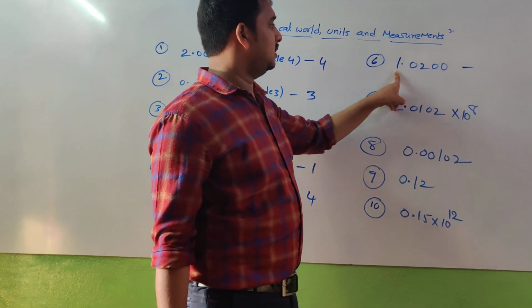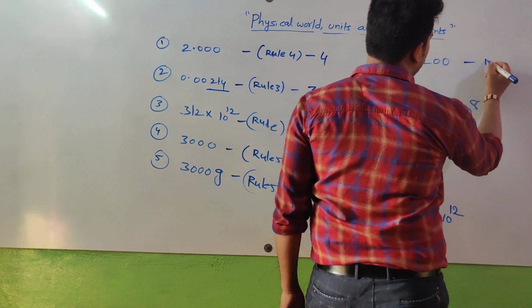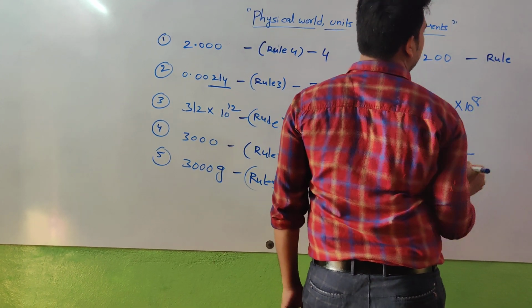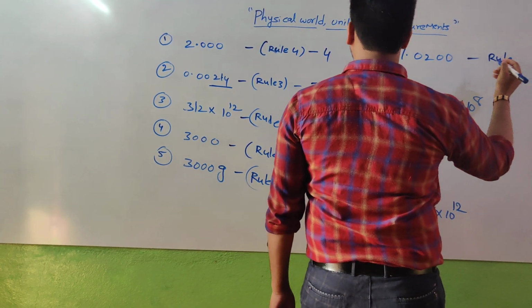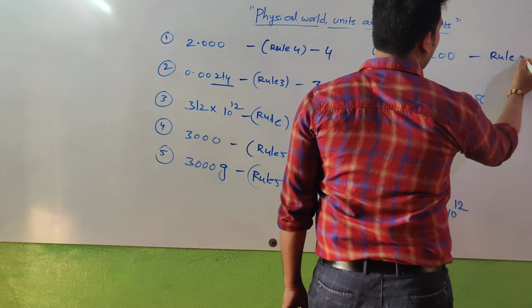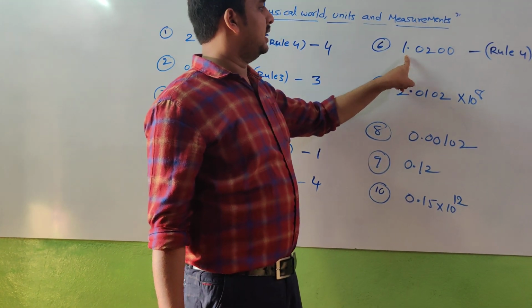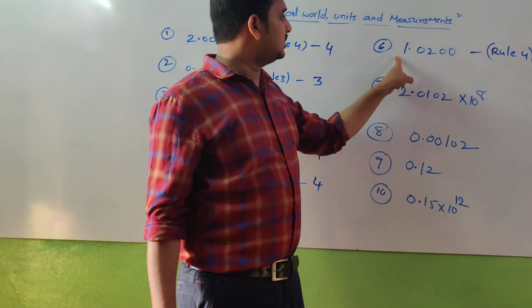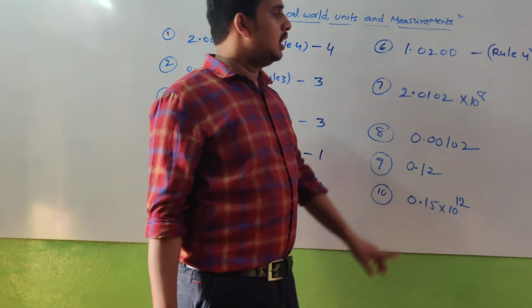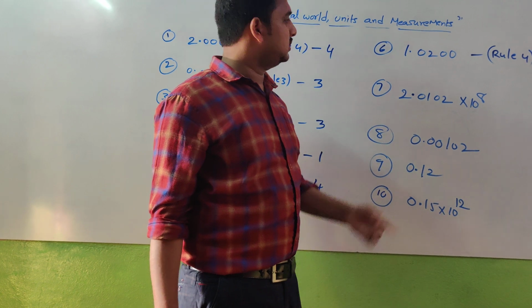Observe here. I think this is coming under rule 4. The number which is greater than 1. This is greater than 1, and it is a decimal number.